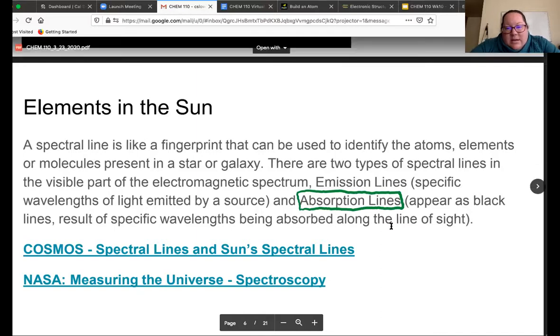And then the absorption lines are black lines that are a result of wavelengths of light being absorbed along the line of sight. So one of the things that is useful for you to think about is whether or not light is being absorbed or emitted based on what you can see.